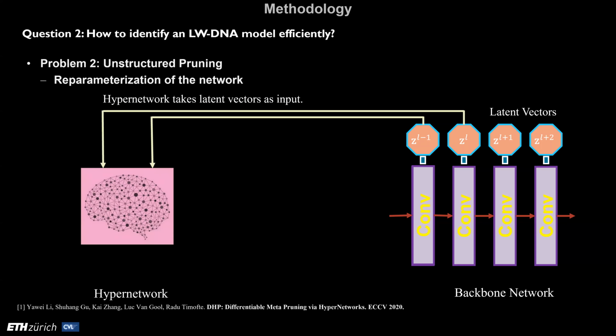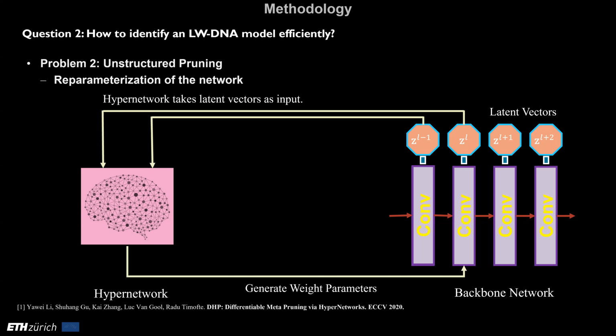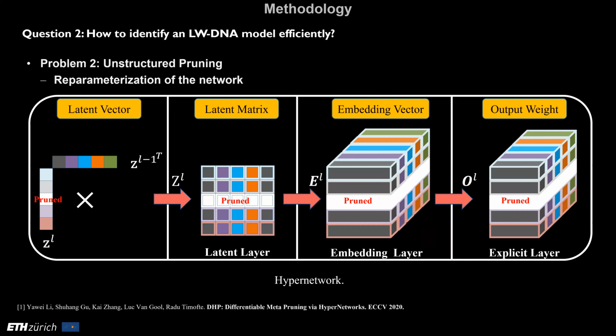And a hypernetwork takes the latent vectors as input, and the output of the hypernetwork is just the weight parameters that are going to be used by the backbone network. And here we show the computation procedure within the hypernetwork, and we want to emphasize one point, which is that pruning a single element of the latent vectors can result in a pruned channel of the network.